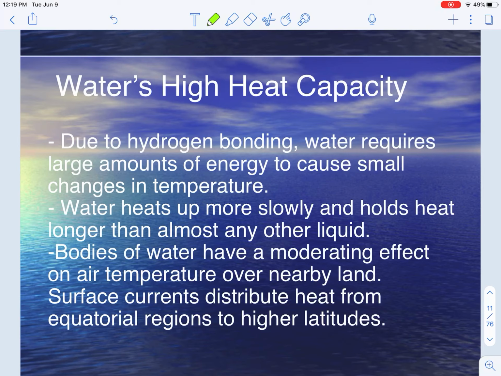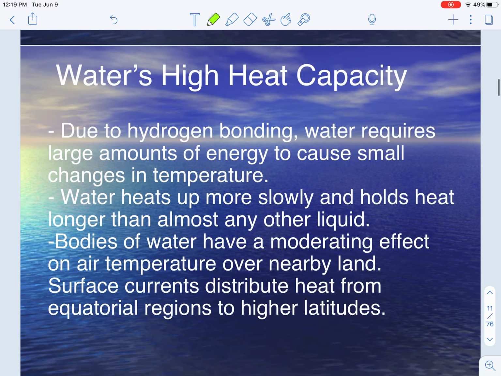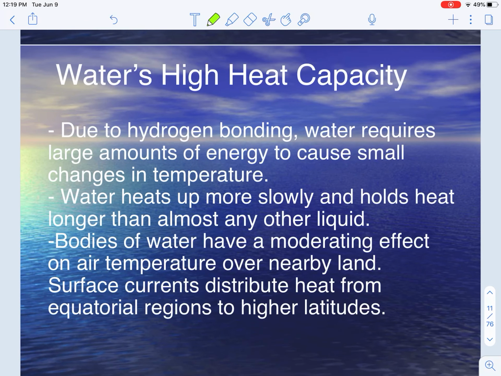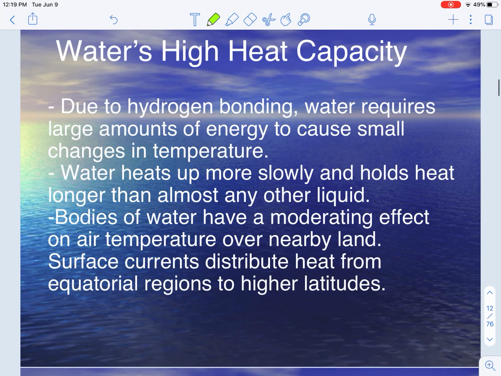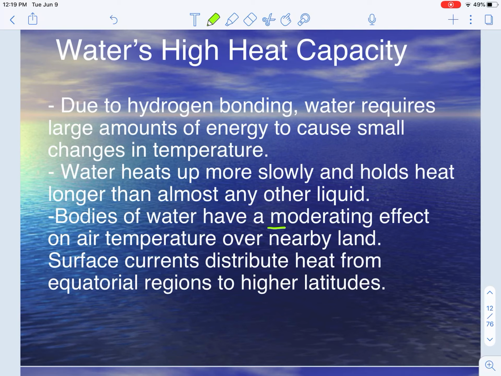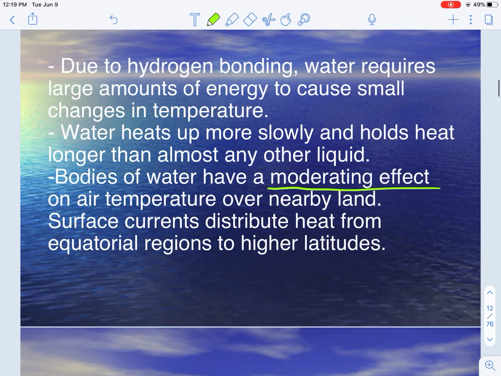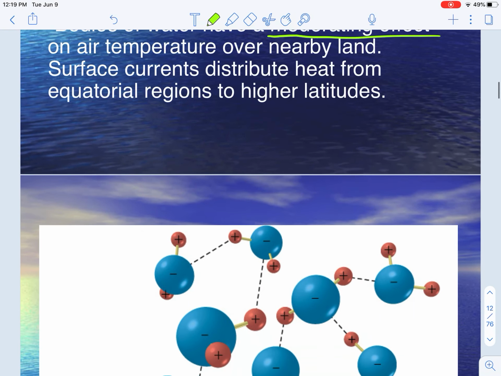The temperatures in those places will be more moderate because of the big absorbing and releasing ability of the water. The heat capacity is because of the hydrogen bonds that the water molecules have between each other, and it takes a lot of energy to break those bonds.